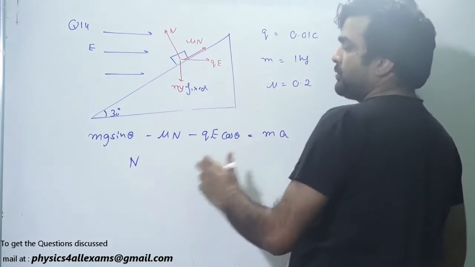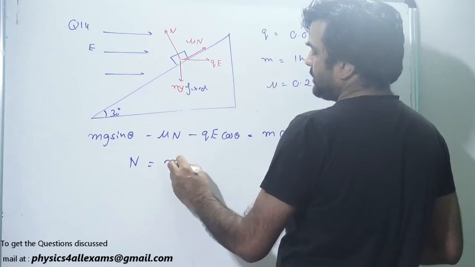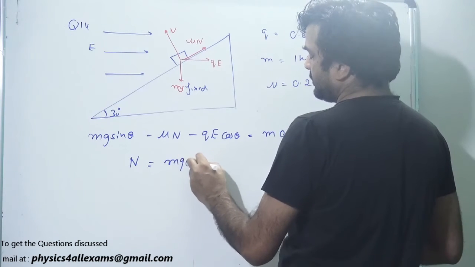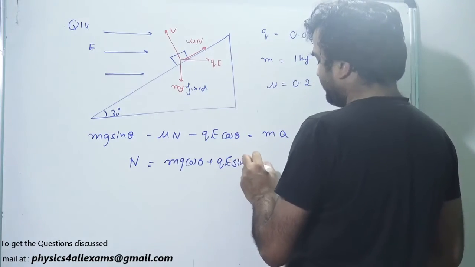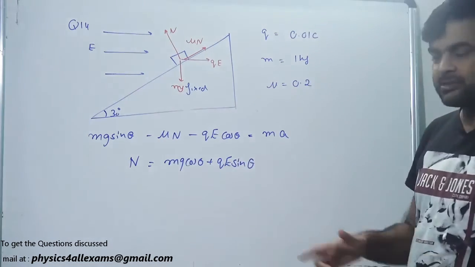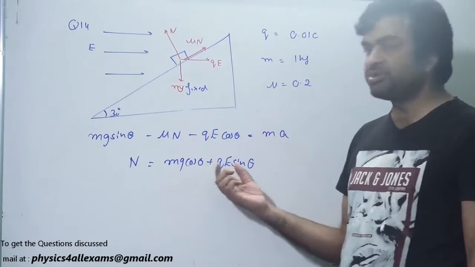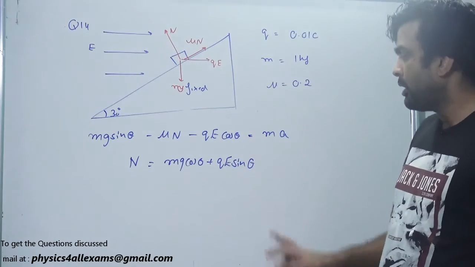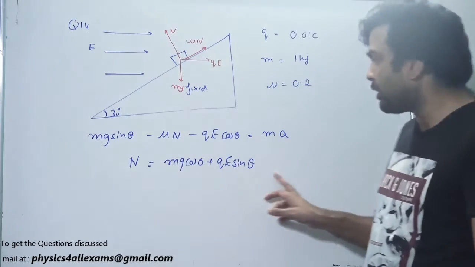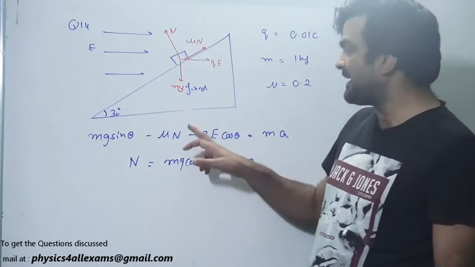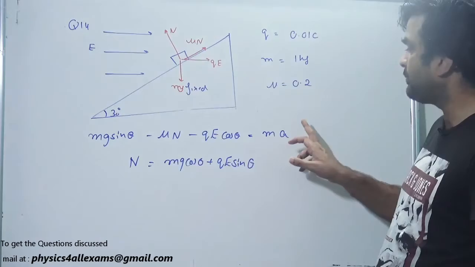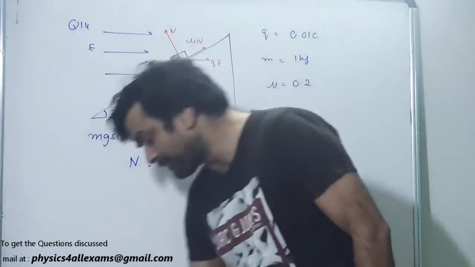So N should be equal to mg cos theta plus QE sin theta. Theta is known to be 30 degrees, mass is known, charge is known, electric field is known. From this equation we will solve for the value of N, and this value of N we will place here, and from here we will find the value of acceleration.